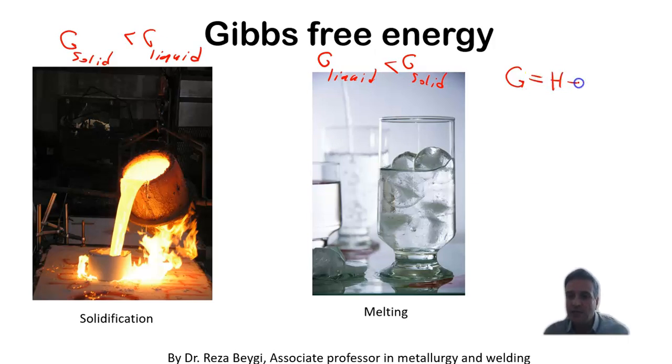This Gibbs free energy is obtained by this equation. It is equal to H minus T multiplied by S. H is the enthalpy, and this enthalpy is related to the energy inside the material, the vibration energy, the transformational energy, and it is also dependent on the volume and the pressure that we have in our system.